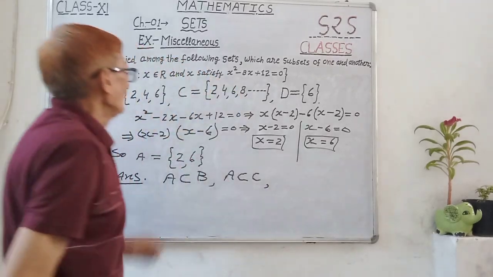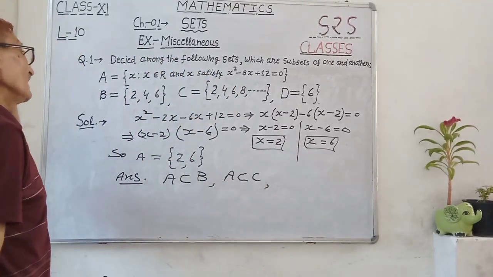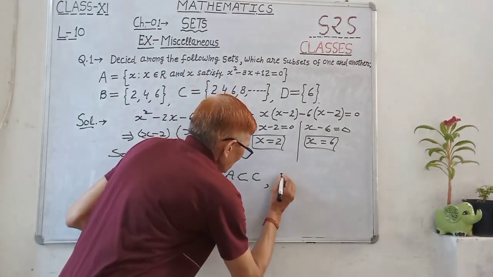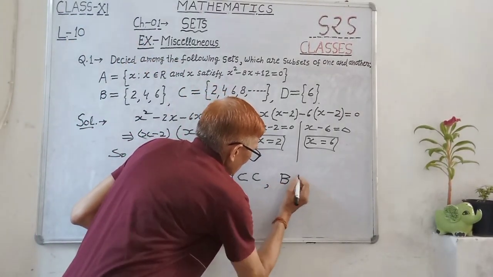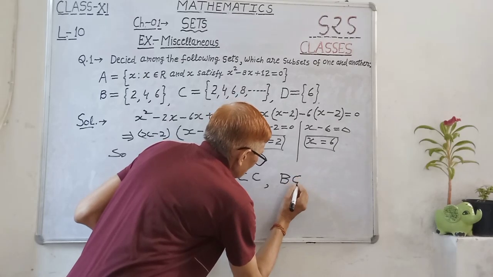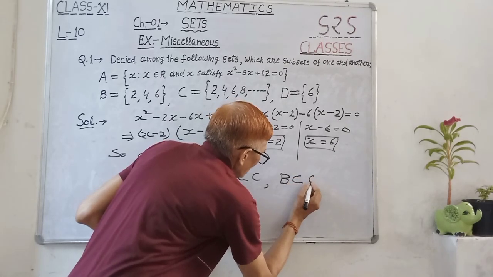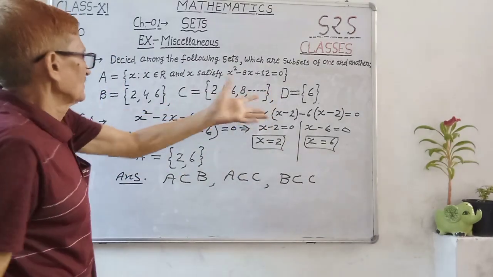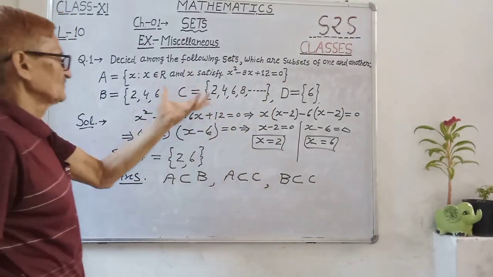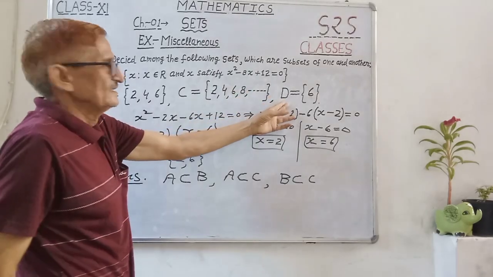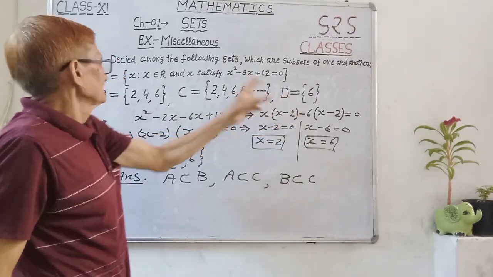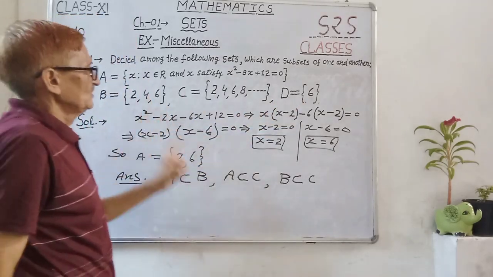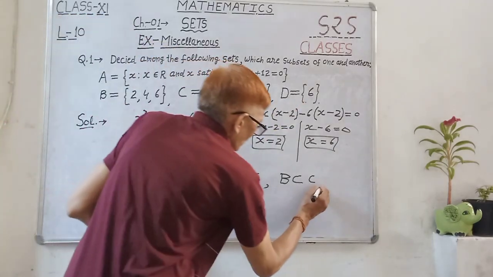Now after that A over, now B, you see B is the subset of C. B is the subset of C, okay. After that B is not the subset of any other, and C is not the subset of anyone, and D you check, D is the subset of A also, D is the subset of B also, D is the subset of C also, okay.